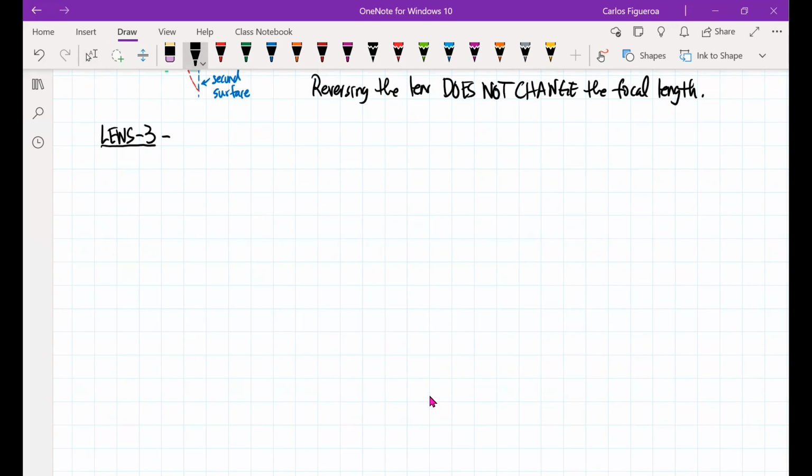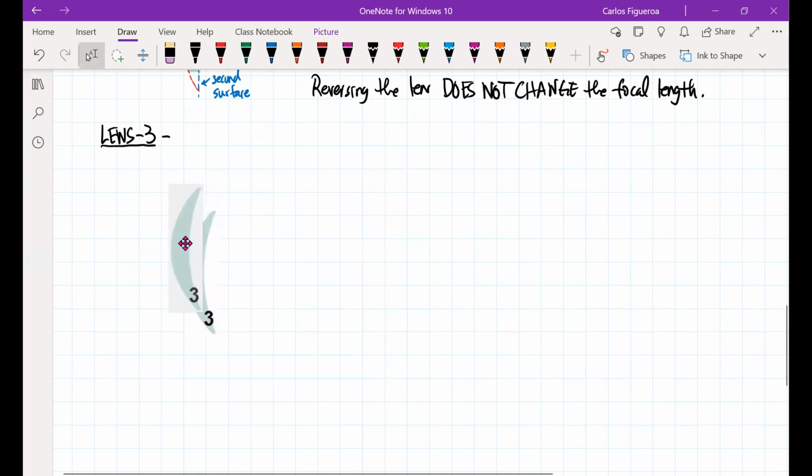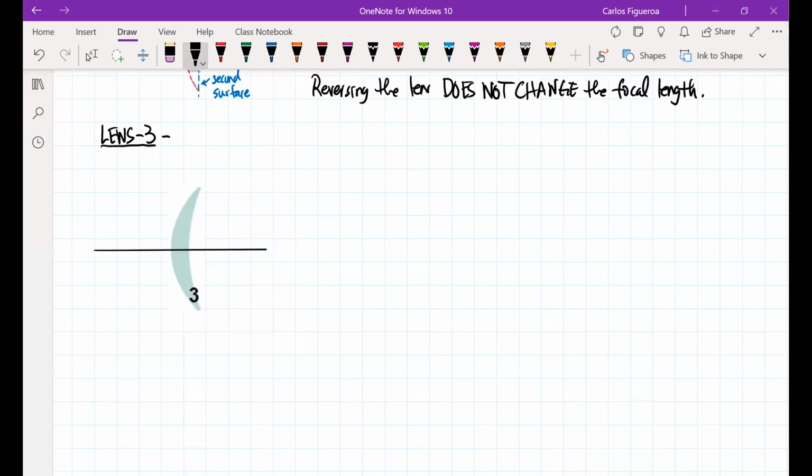So what do I know about lens 3? So here is lens 3. So let's draw our central axis. And again, as we've been stating again and again, this is the direction of the incident light.